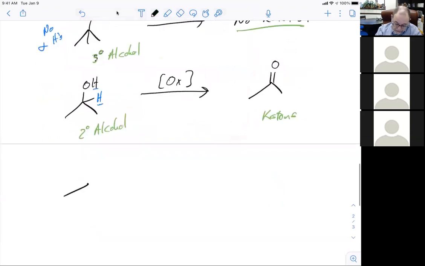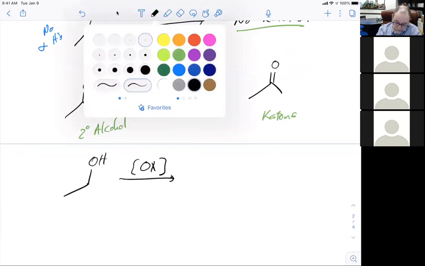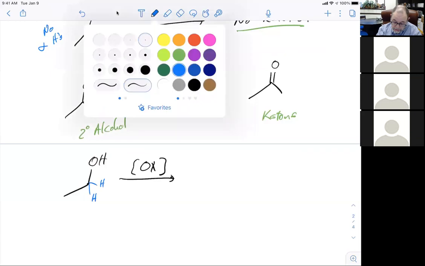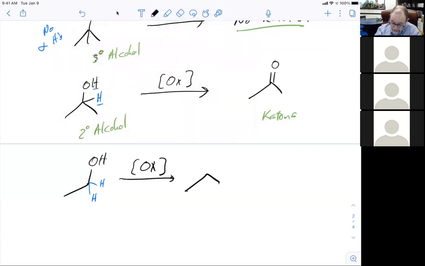If we have a primary alcohol, now we have two alpha hydrogens. We could remove one of those alpha hydrogens to get us to the aldehyde.